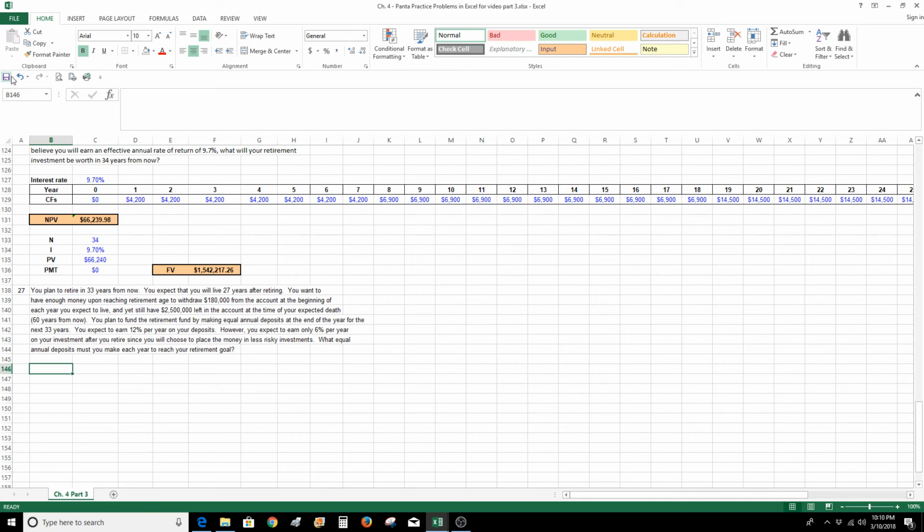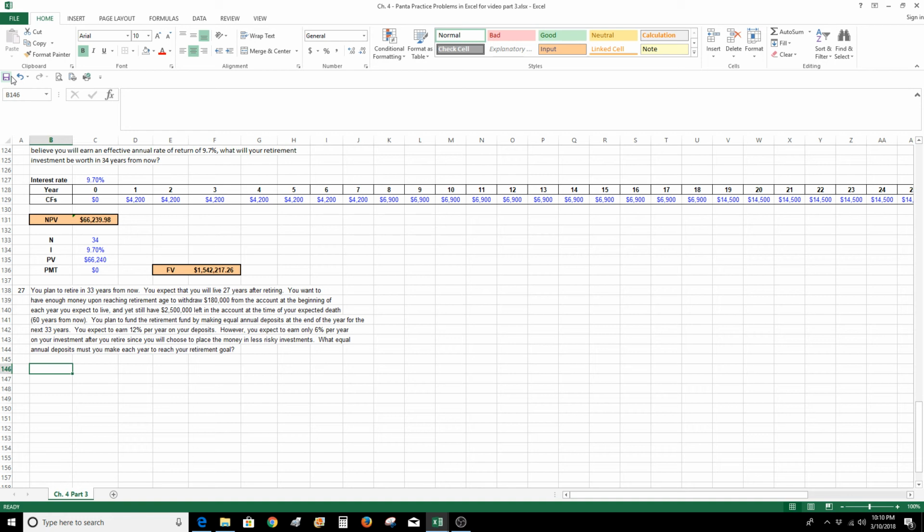You plan to fund the retirement fund by making equal annual deposits at the end of the year for the next 33 years. You expect to earn 12% per year on your deposits. However, you expect to earn only 6% per year on your investment after you retire, since you will choose to place the money in less risky investments. What equal annual deposits must you make each year to reach your retirement goal?